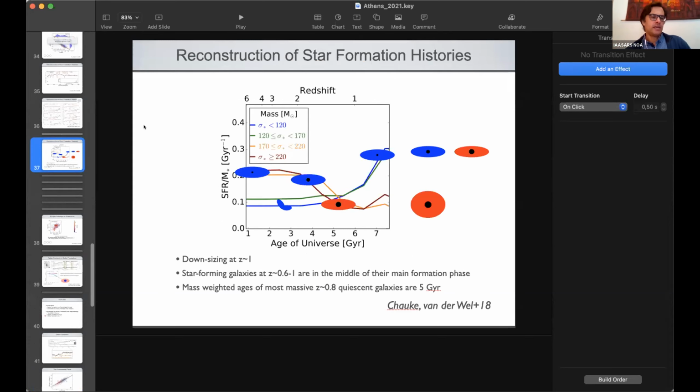What I found a bit surprising is, first of all, that at early times, star forming and passive galaxies only have a factor of 2 difference in specific star formation rate. And maybe that's because of the stellar mass and not so much the star formation rate.